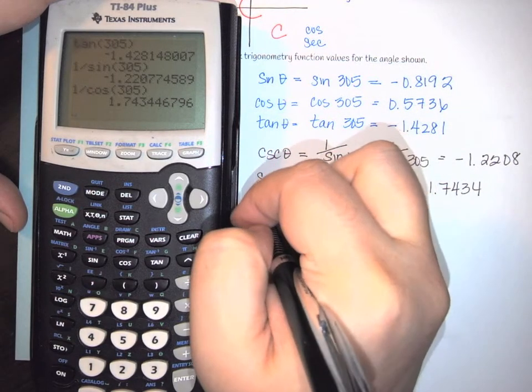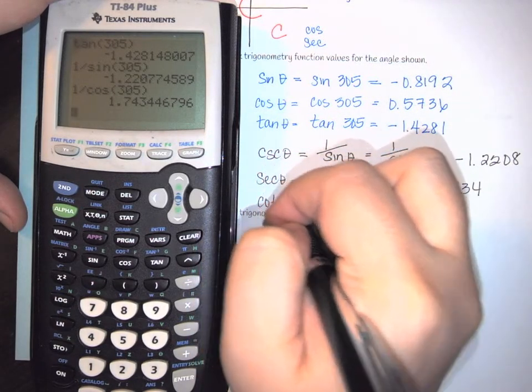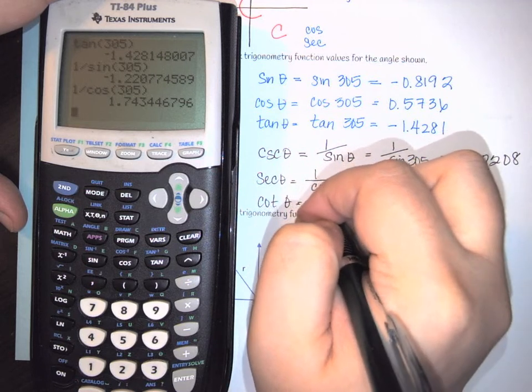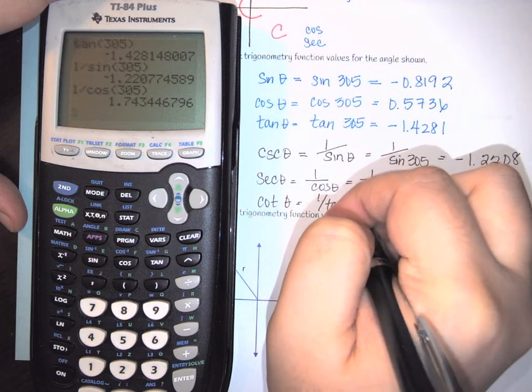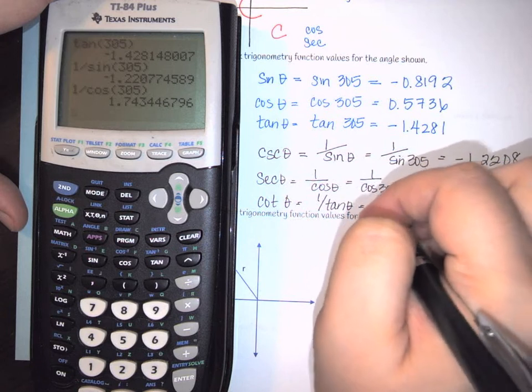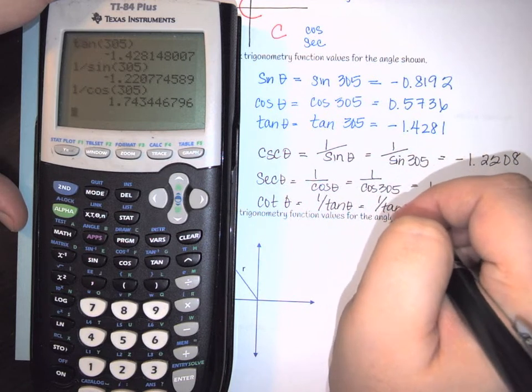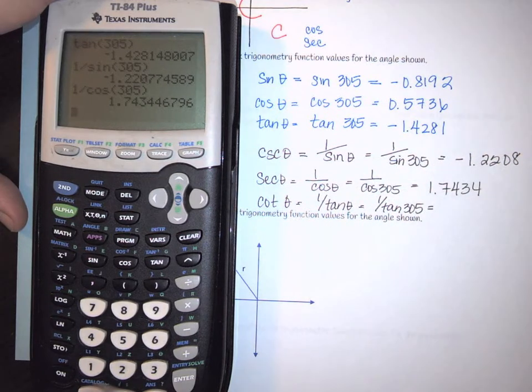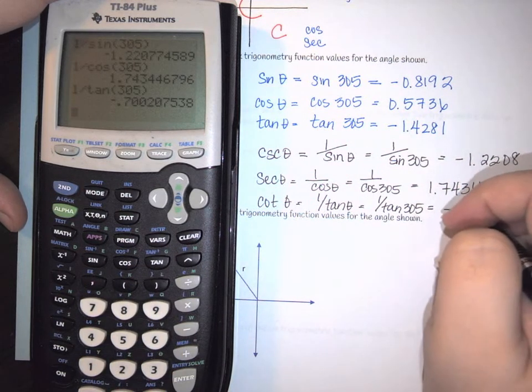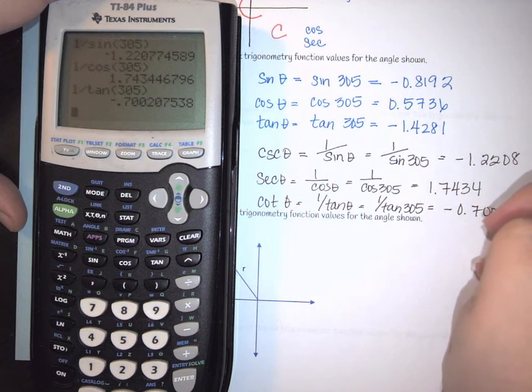And then last we have cotangent of my angle, which is 1 over the tangent. So this is 1 over the tangent of 305. So again, you would do it on your calculator. So negative 0.7002.